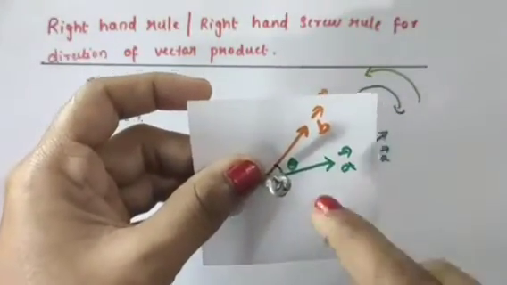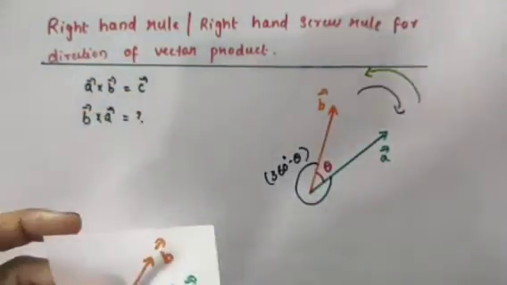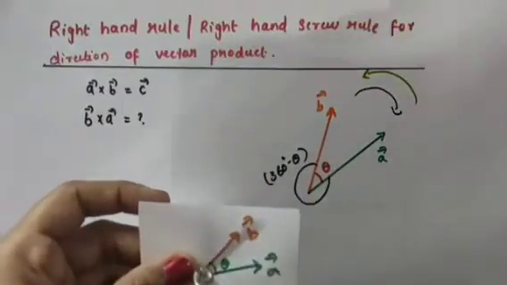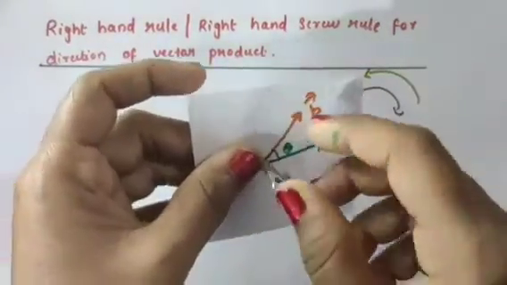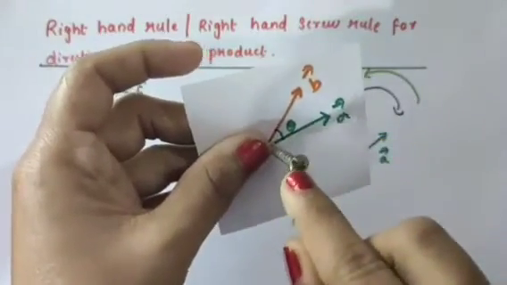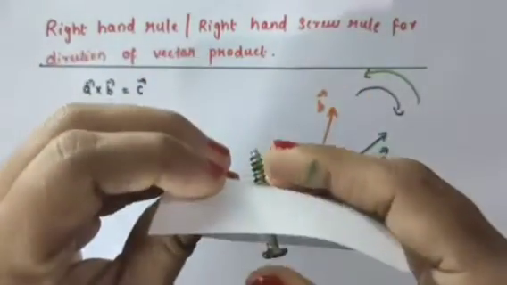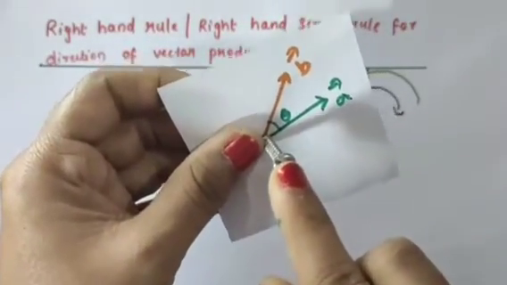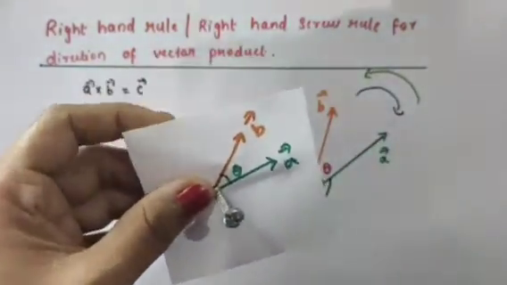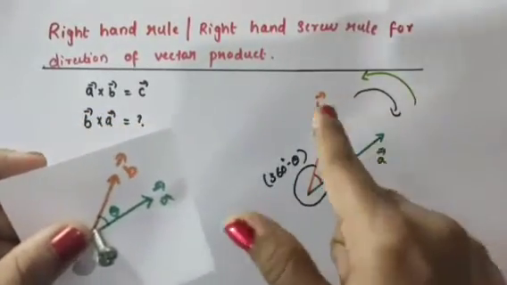First I'll consider A cross B vector, and we will find the direction of C by using this screw. This is the tail, and this is the head, the tip of it. So this head, I am just considering the main part of it.